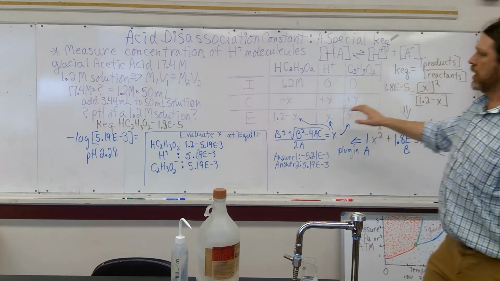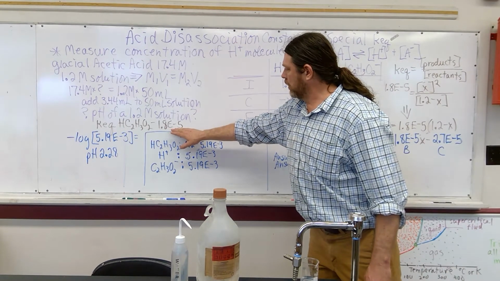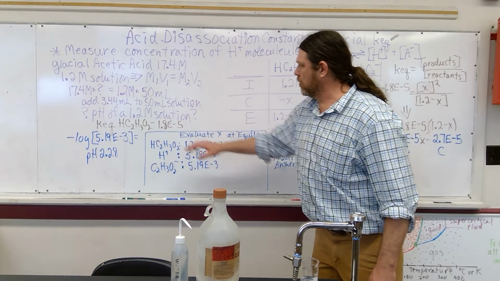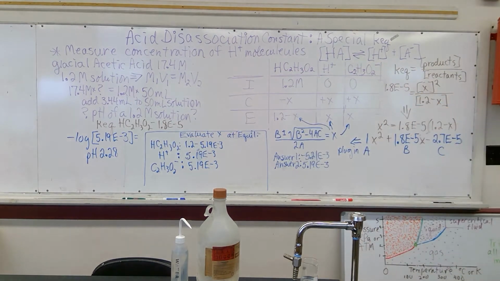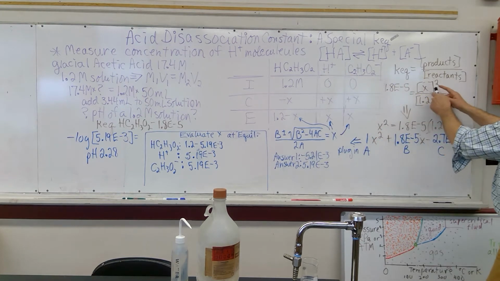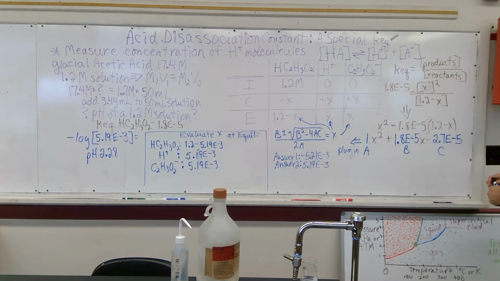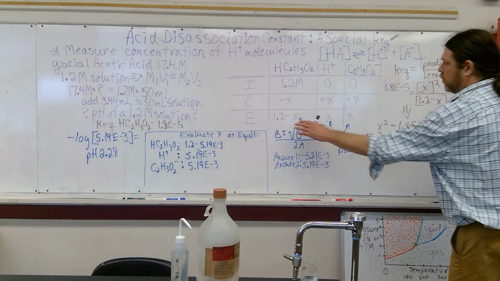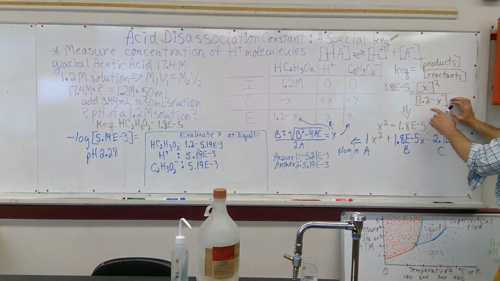Our Keq, which I looked up in the book this morning, is 1.8 times 10 to the -5th power. We're producing two X's, our hydrogen ions and our acetate ions, so we take those two X's and make them X squared for simplicity. Then on the reactant part of our expression, we have 1.2 minus X, representing the molar concentration we started with and the amount that we assume stoichiometrically is going to be lost.